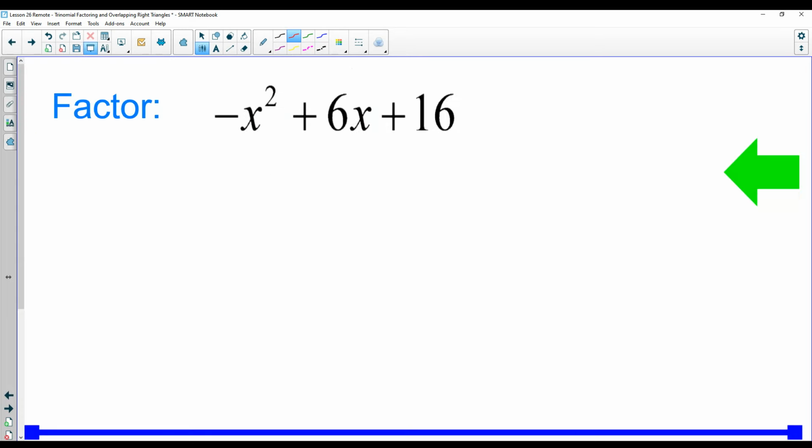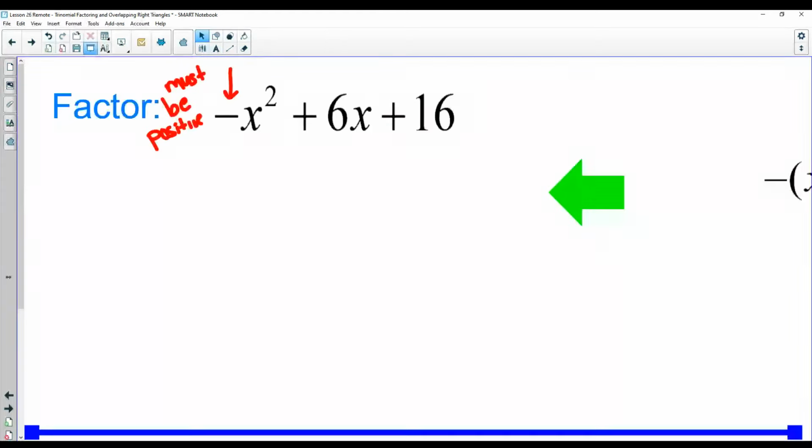Let's do another one: negative x squared plus 6x plus 16. It's in descending powers of x, but notice that my first term, my x squared, is negative. I want it to be positive. I'm going to write: must be positive. To accomplish that, we're going to factor out a negative 1.